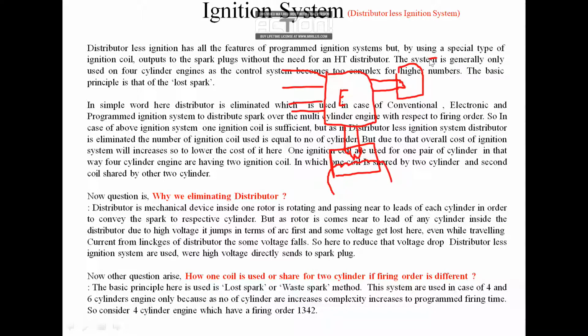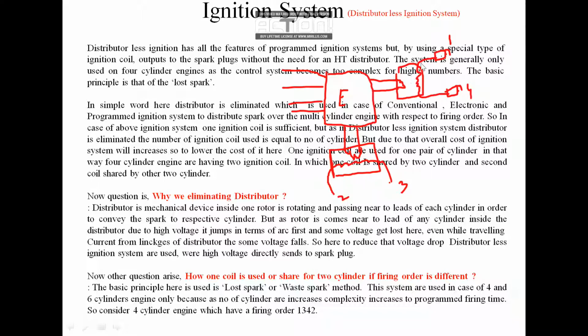At the end of this, we have two spark plugs. Same for here. So one spark plug for the first cylinder, another spark plug for the fourth cylinder, here one spark plug for the third cylinder and another spark plug for the second cylinder.